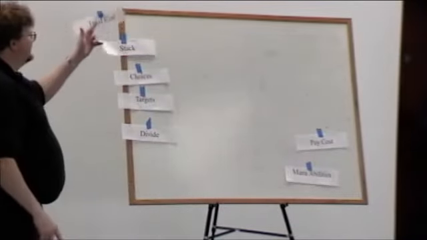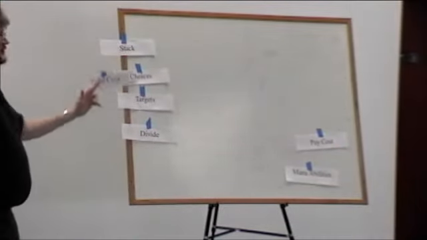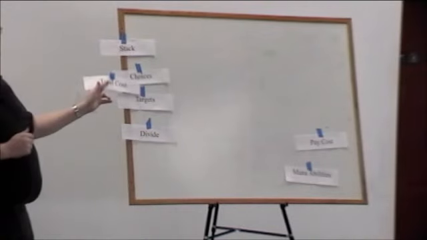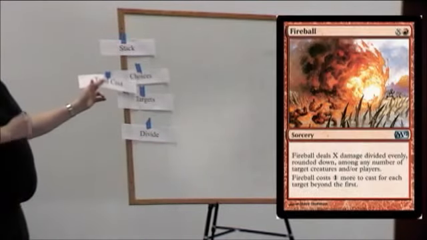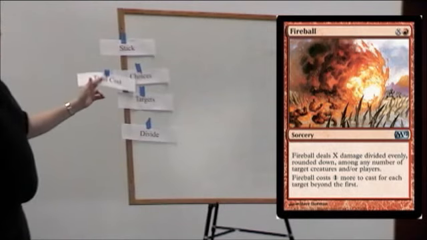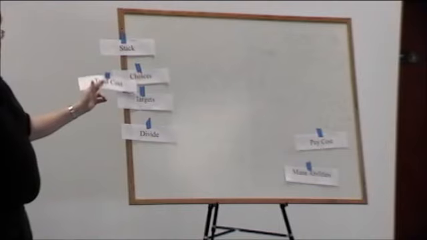And at which point in this sequence does totaling the cost happen? Fireball, exactly. Fireball has a variable number of targets, which of course you have to announce and choose. And that number of targets determines how much you have to pay for the spell.